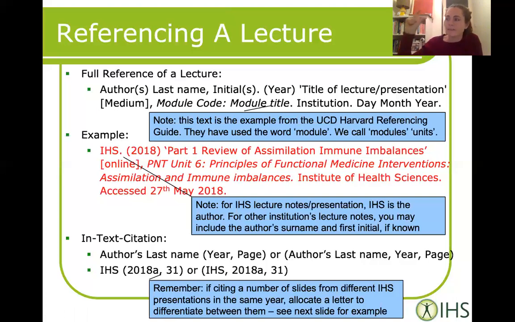If you end up having 2020 more than once in your reference list, you need to put A, B, and C so we know which reference you're referring to, because the author is always going to be IHS. So don't worry about that for the moment. That'll come up later on in the year, but we're just putting it in now.